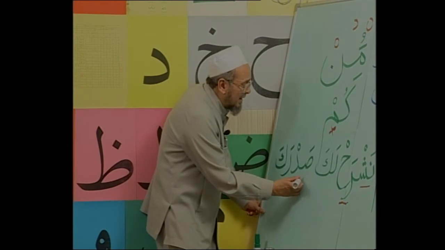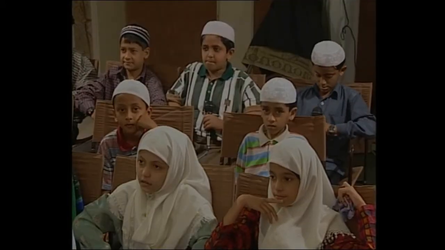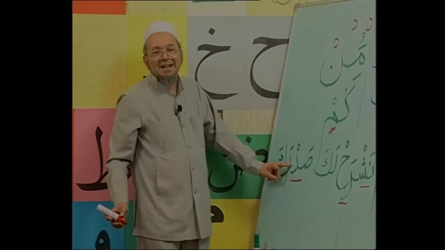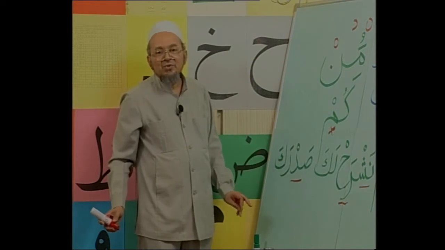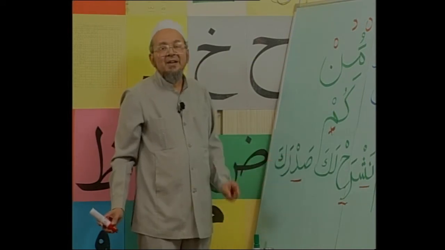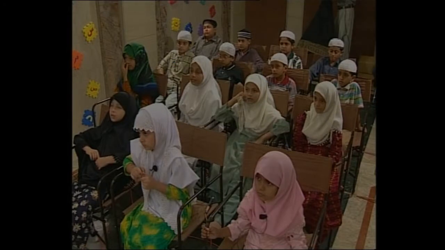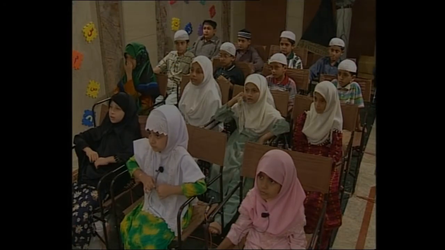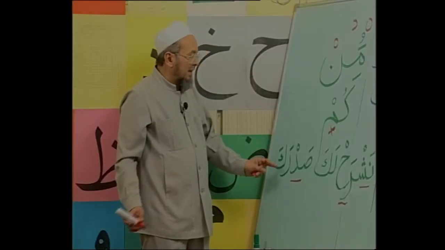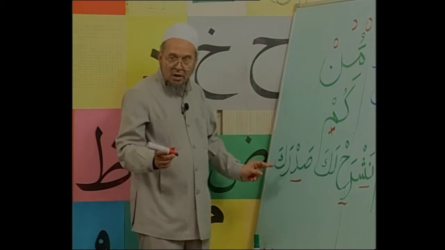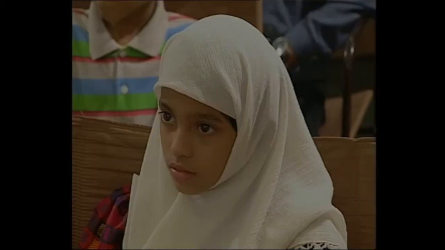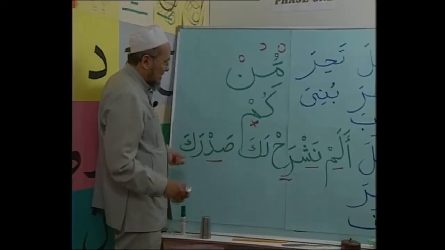Isn't it? Then here, sa joins with da, which carries the sukun sign. So it will become sad. And then ra is mobile, and ka is mobile. Sad, raka.